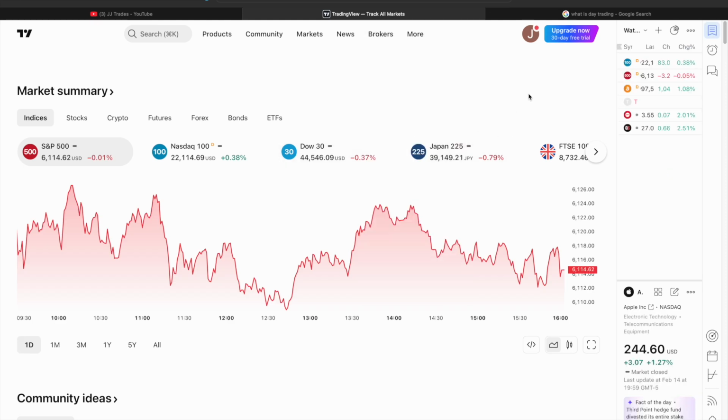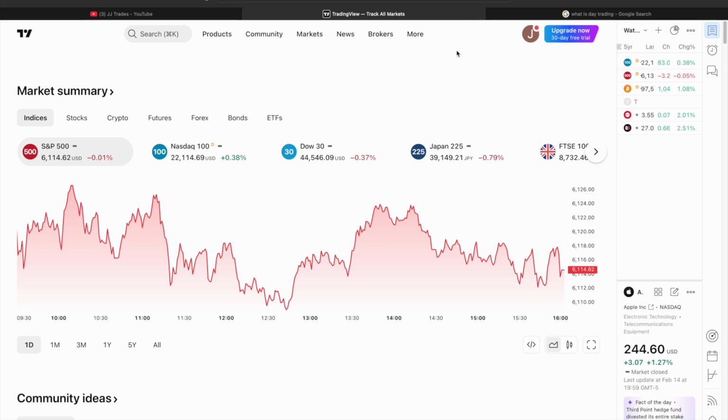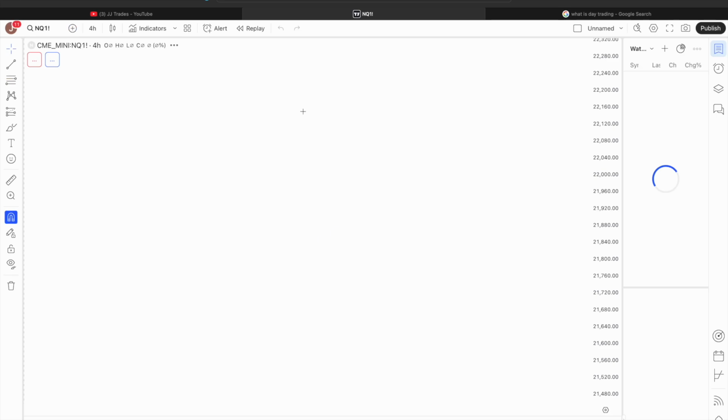Once you get to this page, there should be a button up here that says create an account or sign up. You're going to want to create an account, put in your email information and all that. And then after you create that account, you're going to want to come over to products and then your Super Charts.